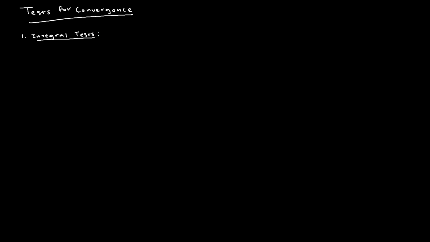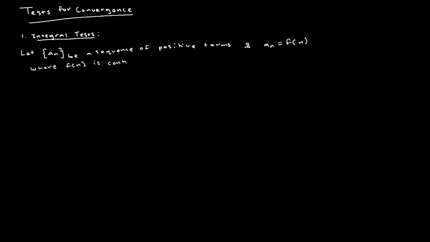But the integral test says that, let a_n be a sequence of positive terms, and we write a_n is equal to some function f(n), where f(n) is continuous, positive, and decreasing.